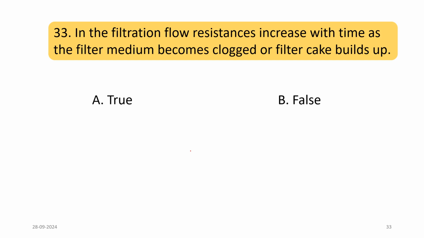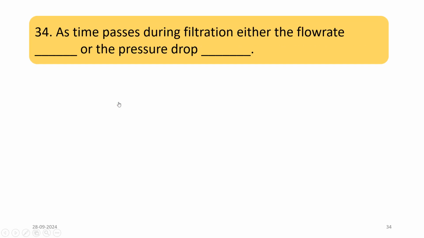As the time passes during filtration, obviously due to the clogging, the flow rate will diminish and the pressure drop across the membrane bed will increase. Flow rate diminishes and pressure drop rises. This is the answer. Next.